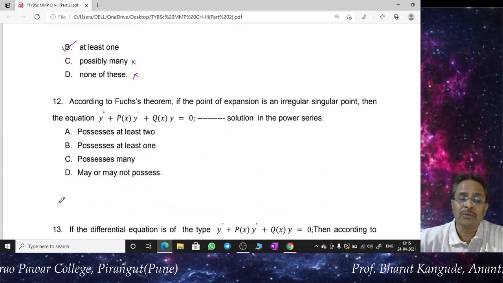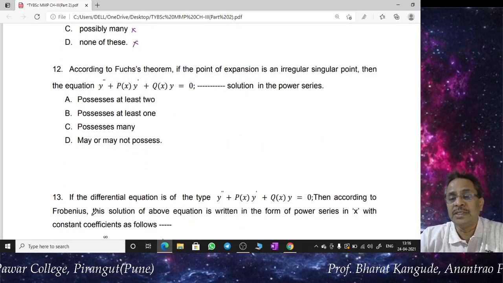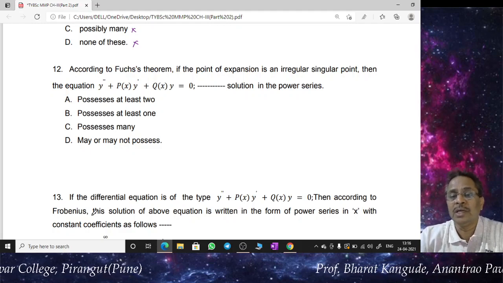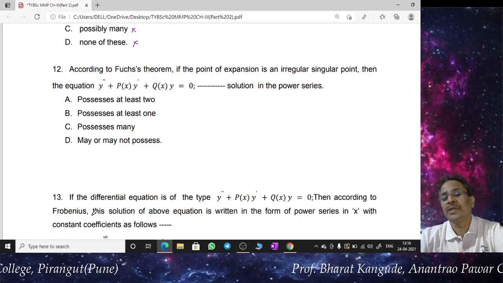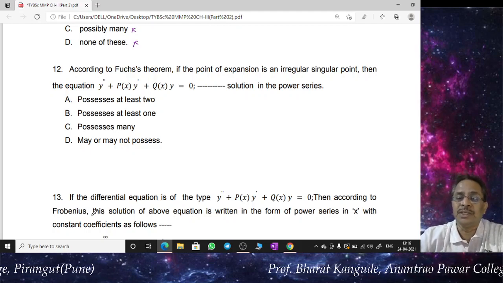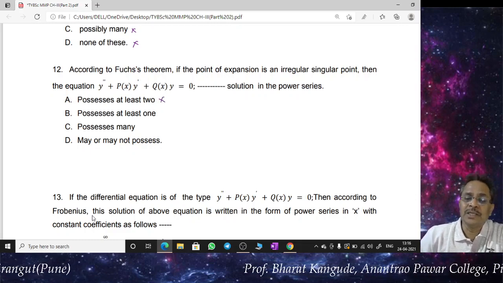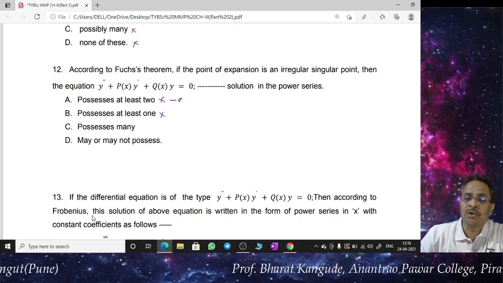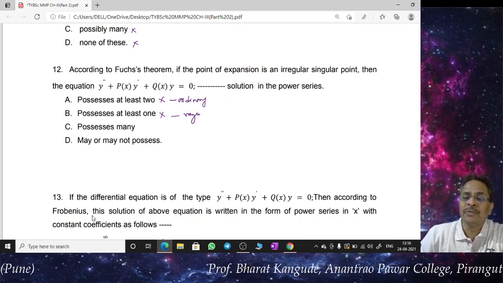Then question number 12, according to first theorem, if the point of expansion is an irregular singular point, then the equation y double dash plus p of x into y dash plus q of x into y is equal to 0 possesses solutions in the power series. Possesses at least two, this is not correct. Possesses at least one, this is also not correct. So this is for ordinary, as we have seen, and this is for regular singular.